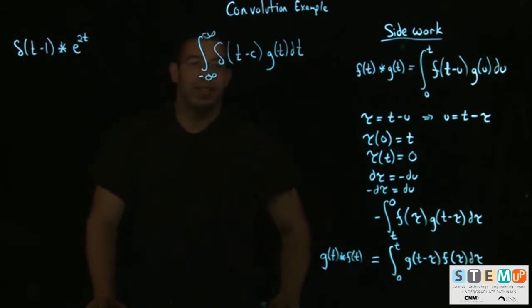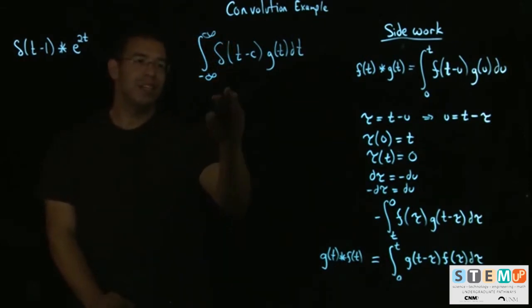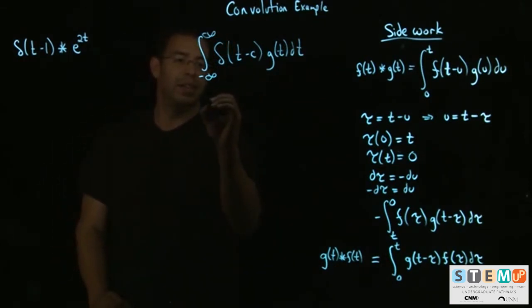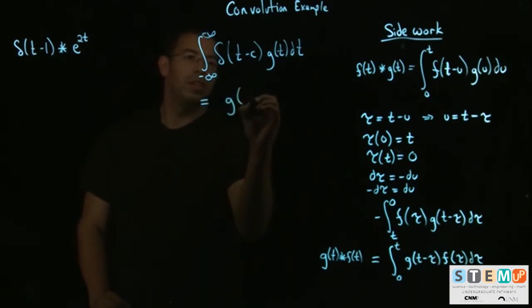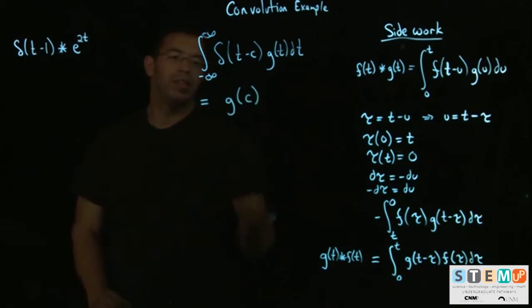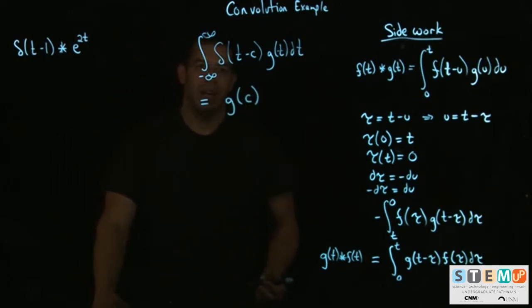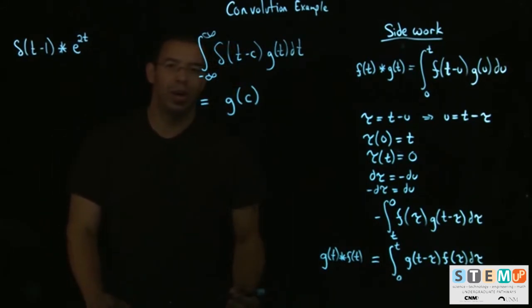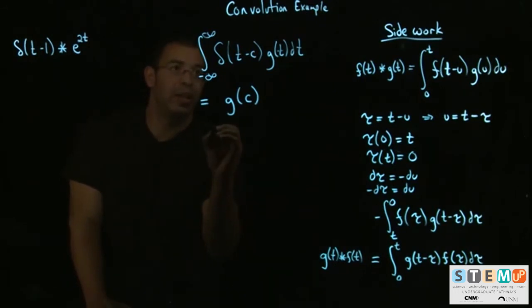Well, remember that this is defined to be equal to g of c. We can derive that, I can probably derive that in another video. Just a quick intuition on how to get started.